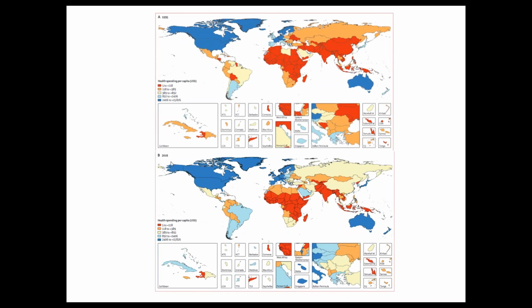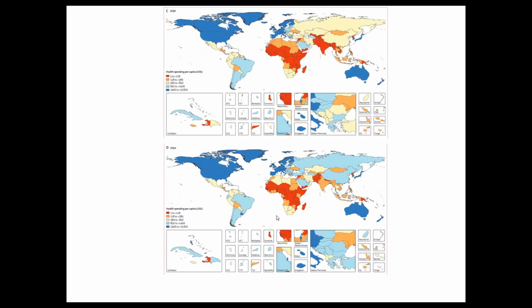But as we moved to 2016, far greater portions of the world, particularly now Russia and China, are spending a lot more money on healthcare, and that's also the case in Brazil and other parts of South America. And what's going to happen in the future? Well, it's projected on the basis of the Global Burden of Disease study that countries are going to have to stick a lot more money into healthcare.